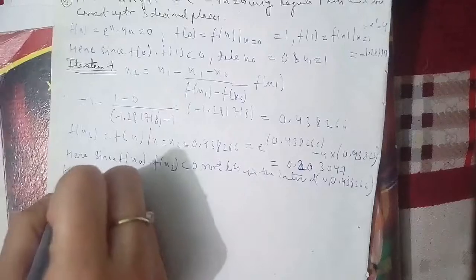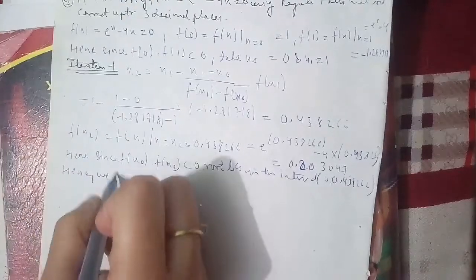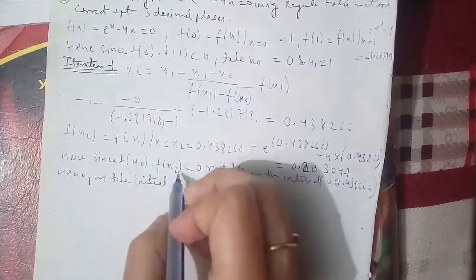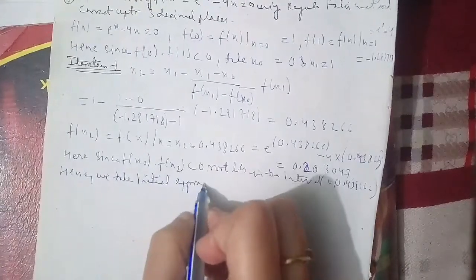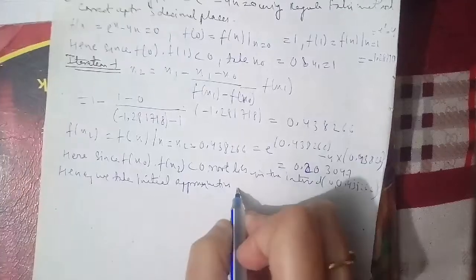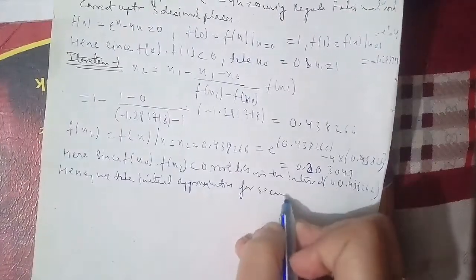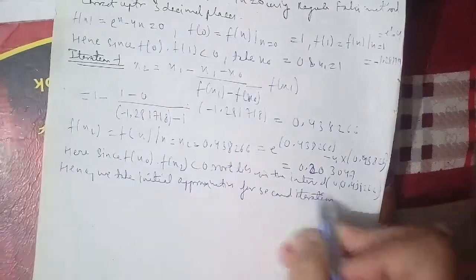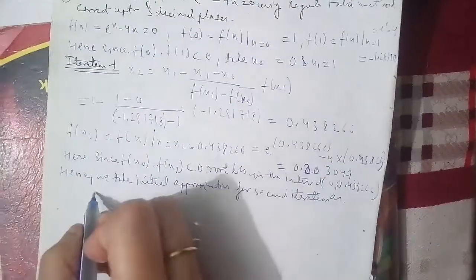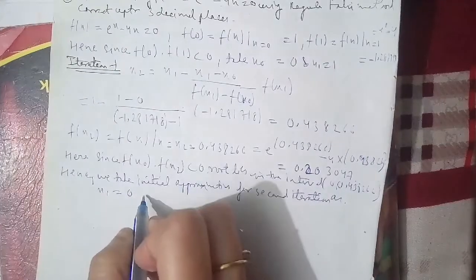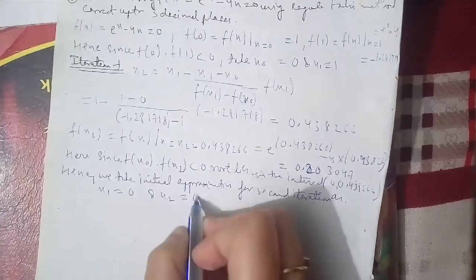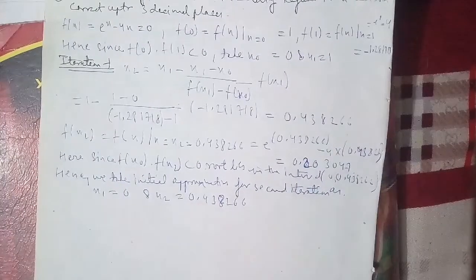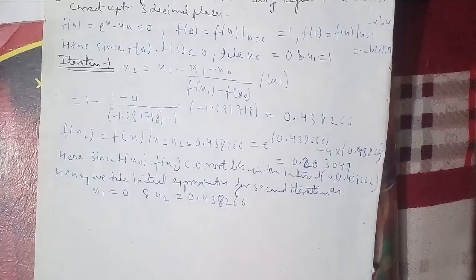Hence we take the initial approximation for the second iteration as x1 = 0 and x2 = 0.438266. Now for iteration 2 we go ahead.